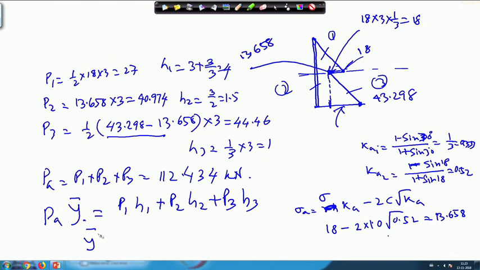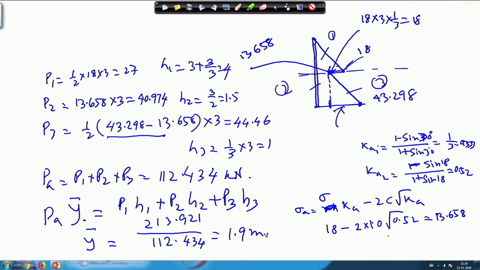So, I can get y bar equal to 213.921 divided by 112.434, and that gives you a value equal to 1.9 meter.